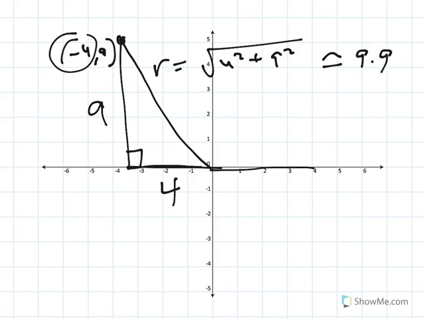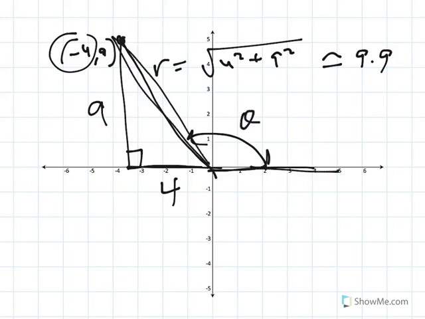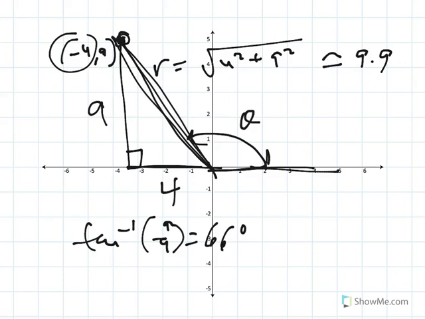Now, the theta is actually this. It's an obtuse angle because it's from the positive x-axis to that line segment connecting 0, 0 to the point. So when I do tan inverse of 9 over 4, I get 66 degrees. That's actually not theta, that's this. I'll call it alpha.